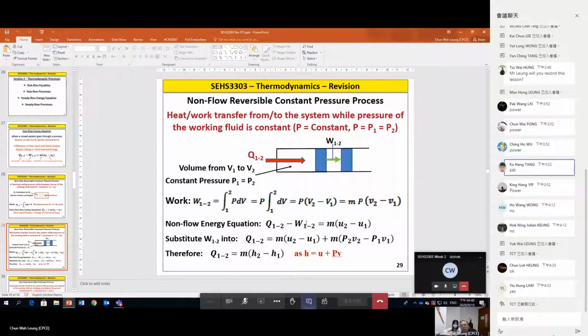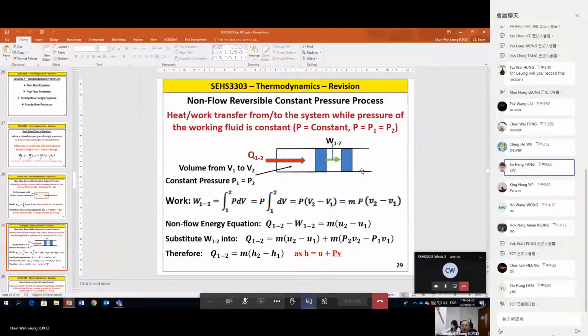So, in a constant pressure process, work is M times P times (small v2 minus small v1), and heat is the mass times, now not internal energy, but enthalpy, H2 minus H1.